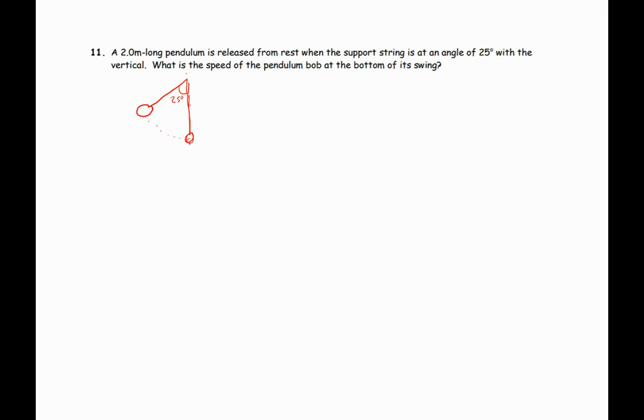Now, it says it's 2.0 meters long, released from rest when the support string is at an angle of 25 degrees with a vertical. What is the speed of the pendulum at the bottom? So this is what I need to figure out. Up here, I have only potential energy.